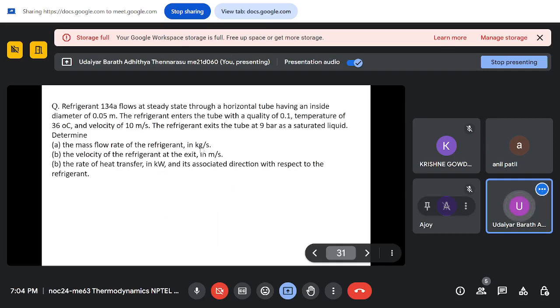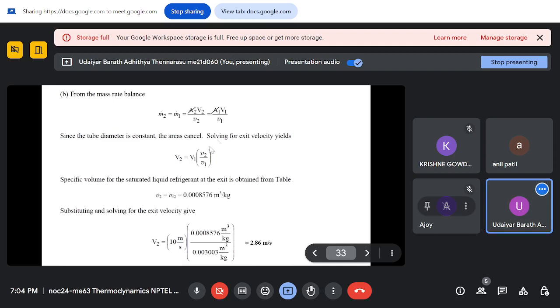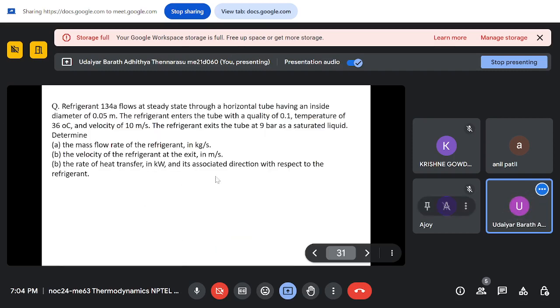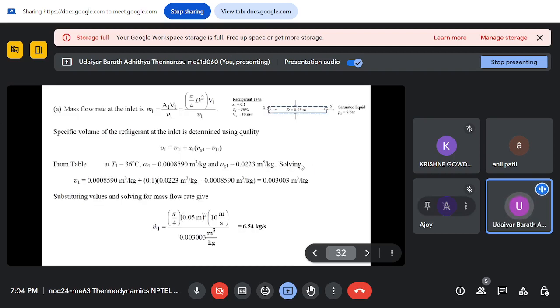So next is to find out the velocity of refrigerant at exit. For that we will apply a continuity equation or a mass balance. So mass which is coming in will be equal to the mass which is going out, because in the horizontal tube this is a steady flow, steady state process. So there is no accumulation of mass inside. So mass which is coming in will go out.